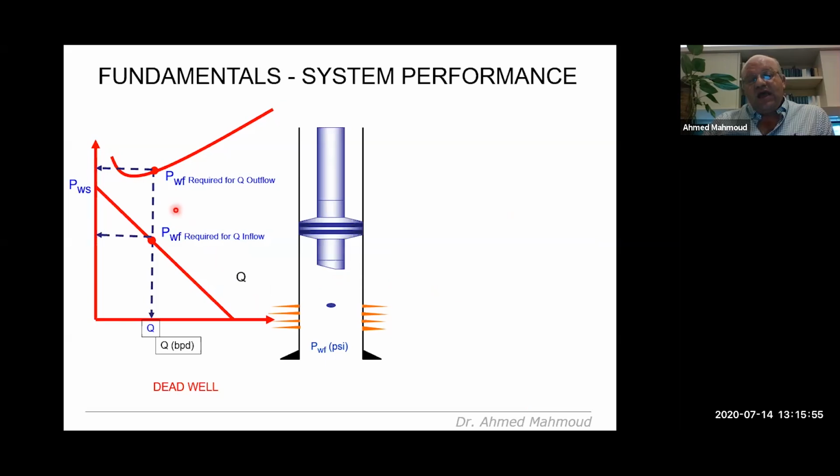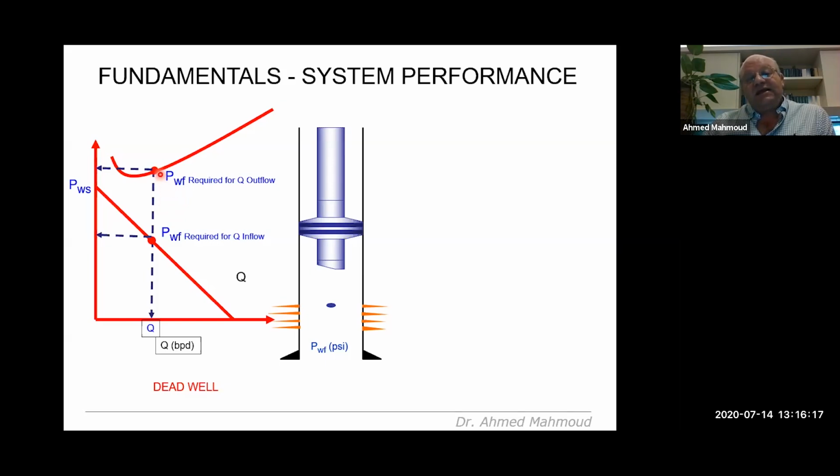Now, if you have your outflow curve not intersecting with your inflow curve, then you do not have a point of intersection. You do not have a solution point, and that means we have a problem. And this is your role as a production engineer or a student about to graduate.